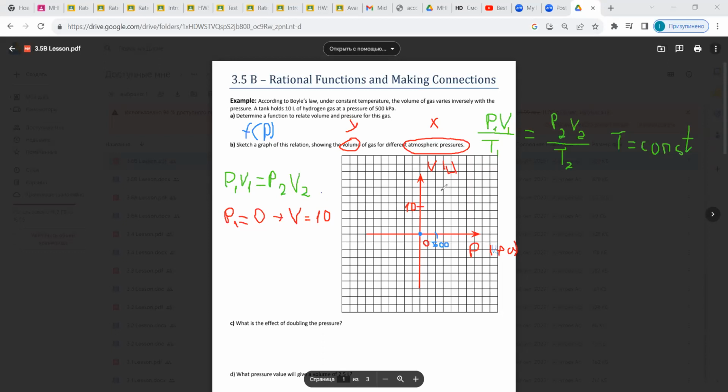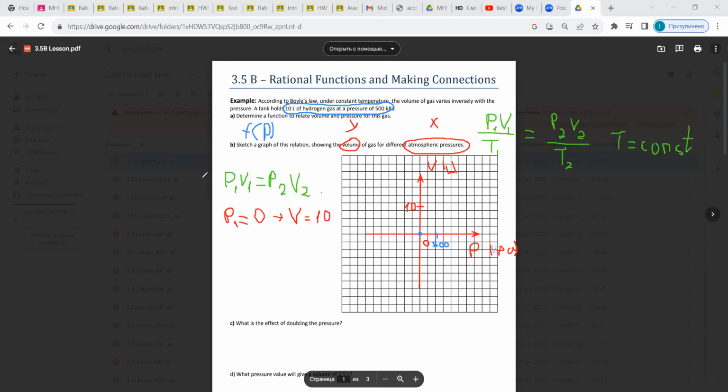So it's actually correct. The vertical axis should be volume, because we need to show how volume changes with respect to pressure. But we forgot to notice one more thing: that the P times V ratio, pressure times volume, is supposed to be constant, right? Because that's a law. And we know that the starting conditions are that the tank holds 10 liters of hydrogen gas at a pressure of 500 kilopascals.